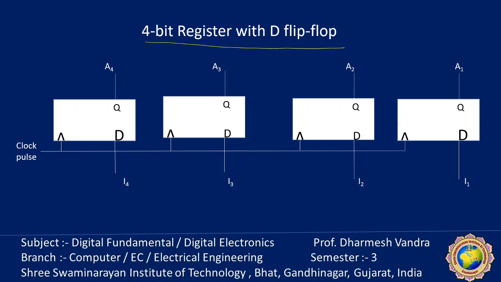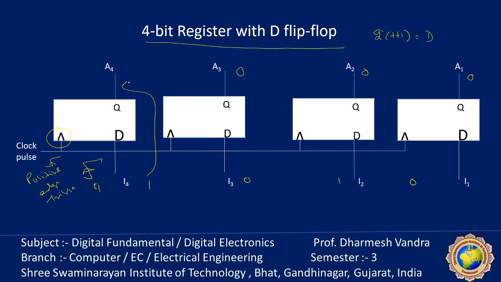As we know, in a D flip-flop, Q(t+1) is equal to D. Whenever the clock pulse arrives, the positive-edge trigger symbol says it is positive edge triggered. Suppose initially the value is 0000. If the input is changed to 1010, when the positive edge occurs at time T1, this value is transferred here.